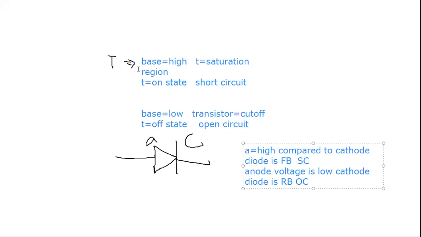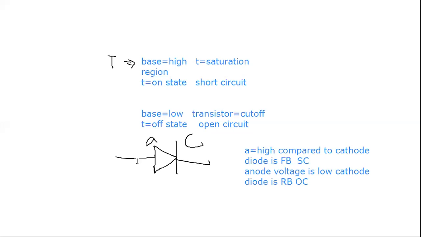What is the first one? When the transistor base voltage is high, the transistor goes to the saturation region, and we consider it in the on state, acting like a short circuit. When the base voltage is low, the transistor is in the cutoff region, in the off state, and acts like an open circuit.